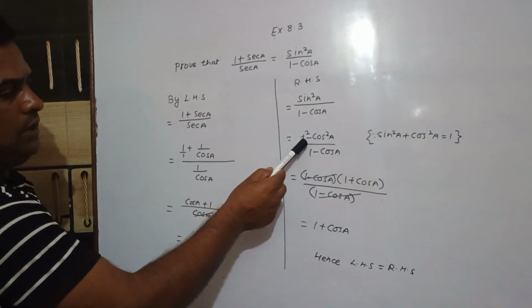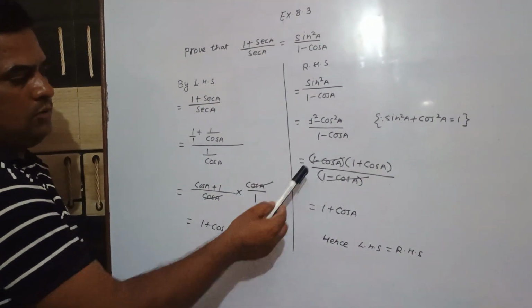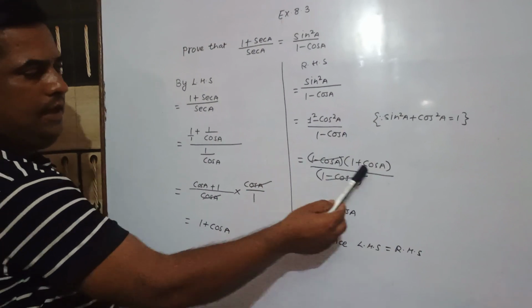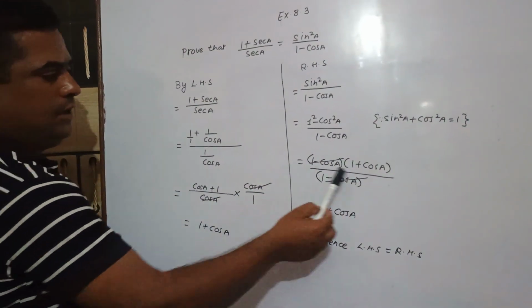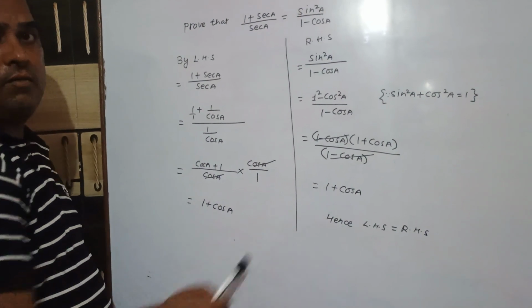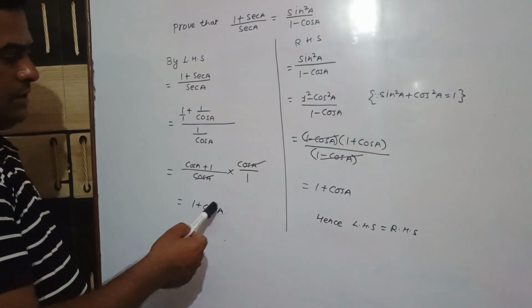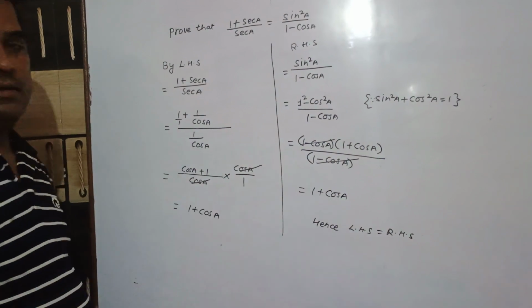Now we can write 1 square minus cos square A, A square minus B square, so this will be A minus B and A plus B. In the denominator, 1 minus cos A and 1 minus cos A cancel out. So you get 1 plus cos A. Correct? Now you can see the left hand side equals the right hand side.